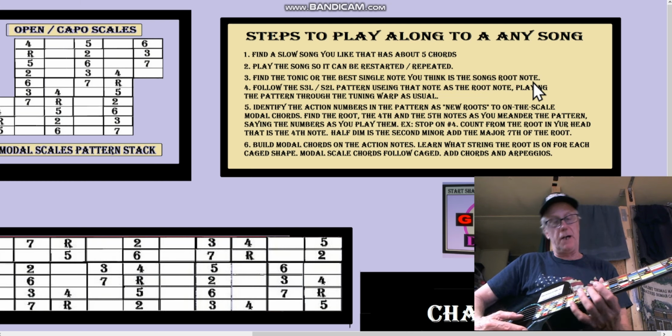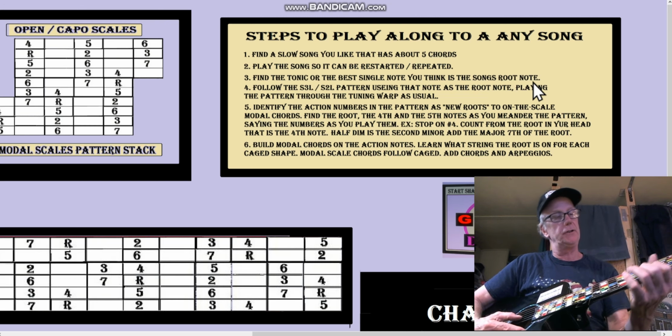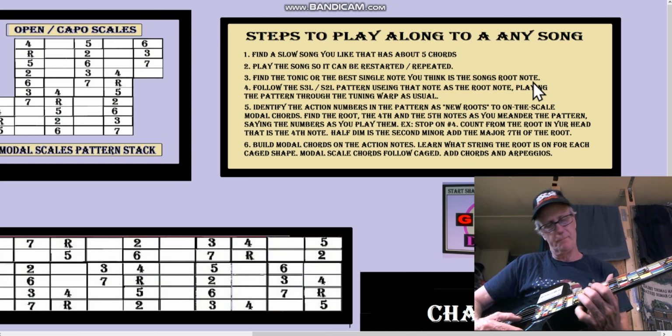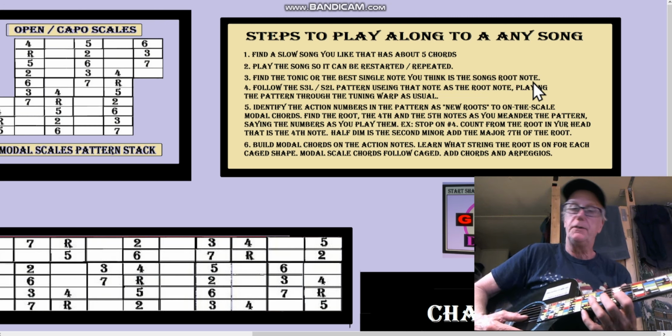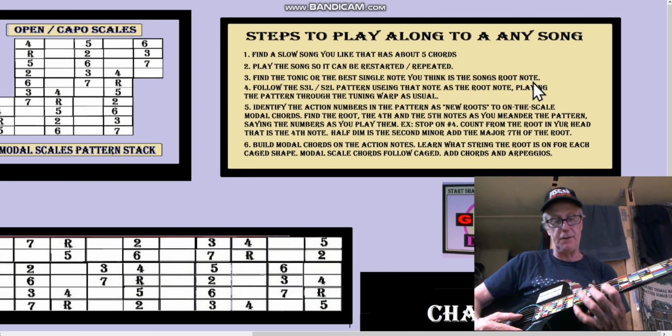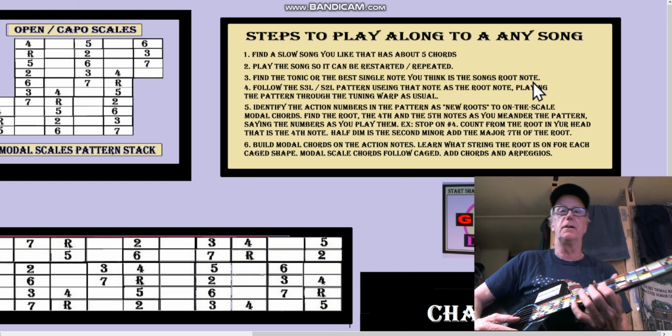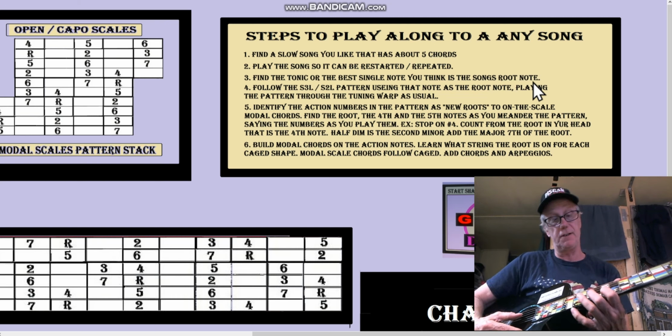Alright, so let's just say you got your root note somehow. You've struggled, and it goes dun, dun, dun.